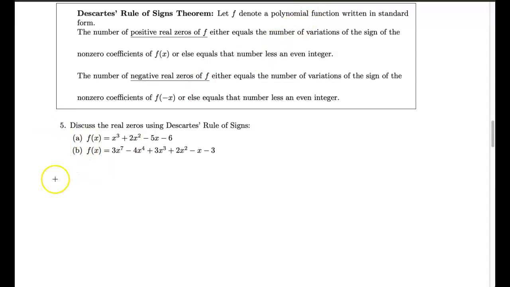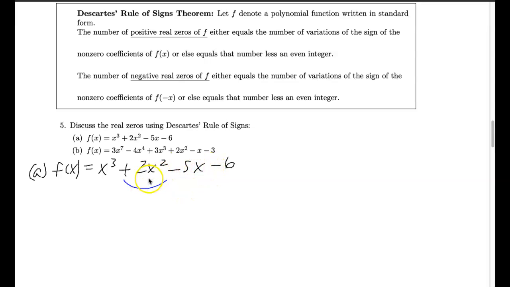Alright, so let's look at part A. Let's write it again. We have f of x equals x cubed plus 2x squared minus 5x minus 6. What's happening is we want to count the number of sign changes. It starts off positive, so that does not change signs, but when it goes positive to negative, that does count as a sign change.